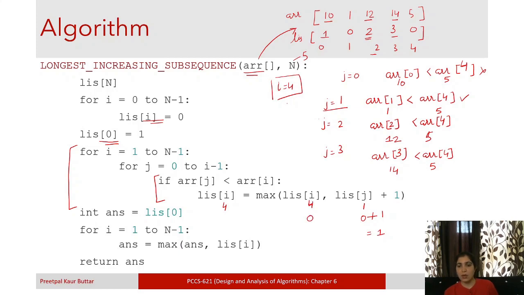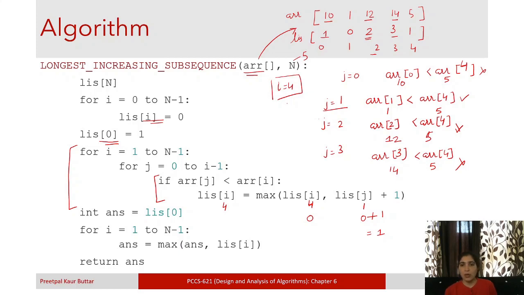So out of these two, 1 is maximum, so we will change it. Okay. So next we reach here. Here we see that it is not satisfied. Here also we see that the condition is not satisfied. Okay. So with this, the two loops will terminate.